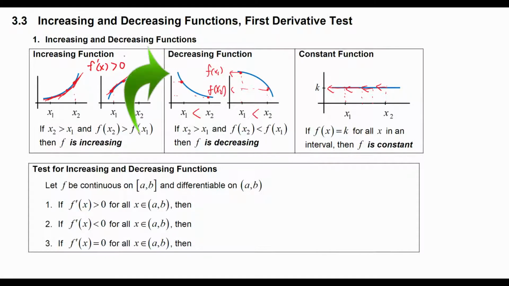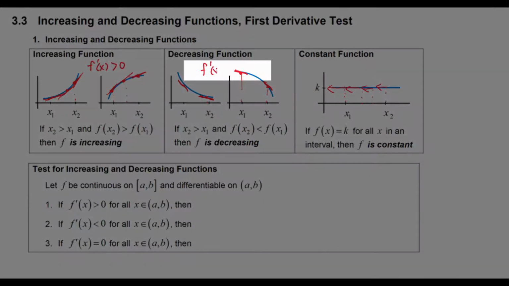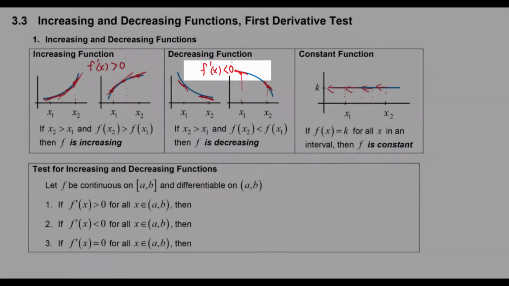What about for a decreasing function? For the decreasing function, look at x1. The slope of this tangent line is negative this time. If it's decreasing, the slope of a tangent line at that point is negative. So if a function is decreasing, then f prime of that x value will come out to be negative since the slope is negative.